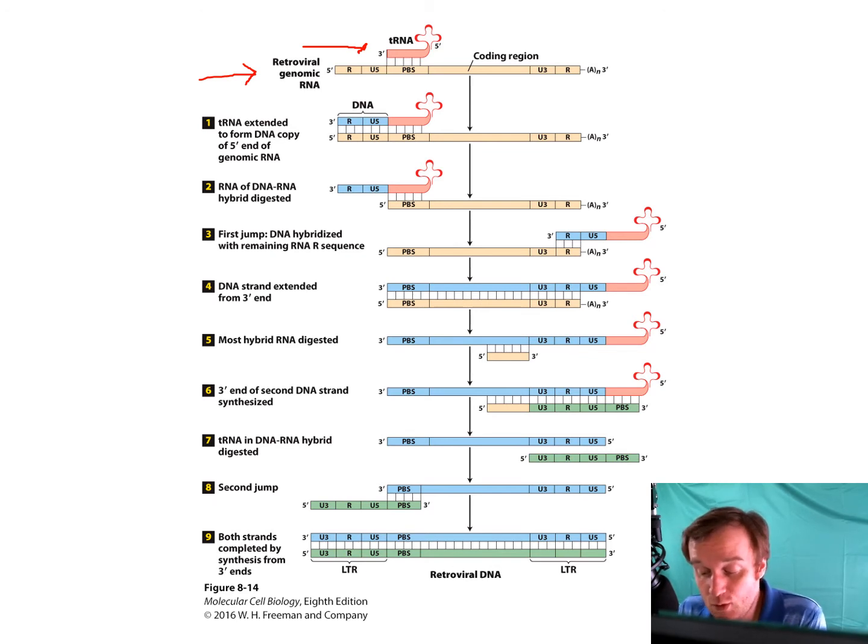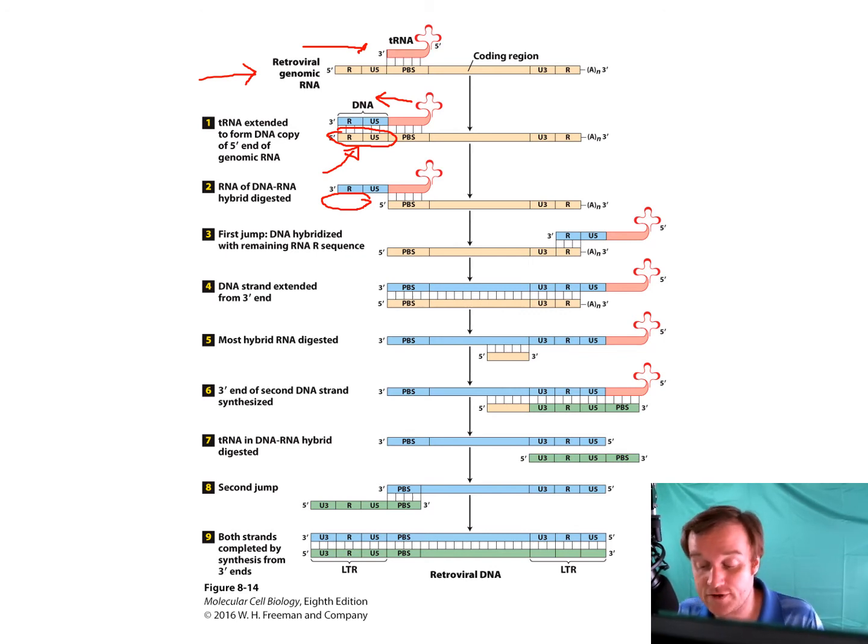From there, we have transcription reading the RNA 3 to 5, and so we get a little piece of DNA that is transcribed that is attached to that tRNA. From there, this R and U5 site is degraded in the RNA, so it is missing. So we have this 3' overhang of DNA that has been attached to that tRNA.